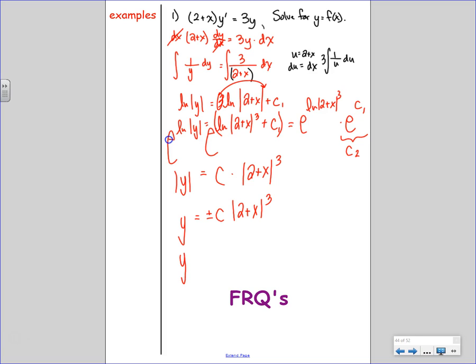But what I'm going to say is, hey, positive or negative times c, that's going to get absorbed, and whatever initial condition they give us will make it right. So you could have put the plus or minus, but kind of like how e to the c becomes a c, we could also say, hey, this little plus or minus c2 can become a c3, if you want to put it like that. But the AP doesn't need us to do little subscripts on all of our little c's. They don't mind if we just show what's going on.